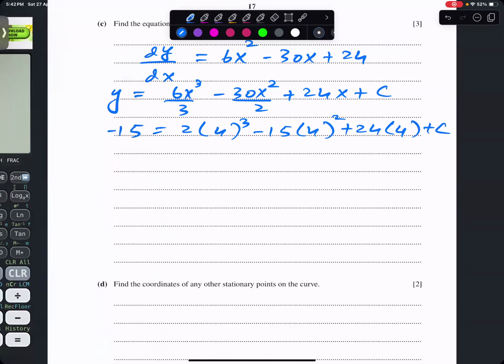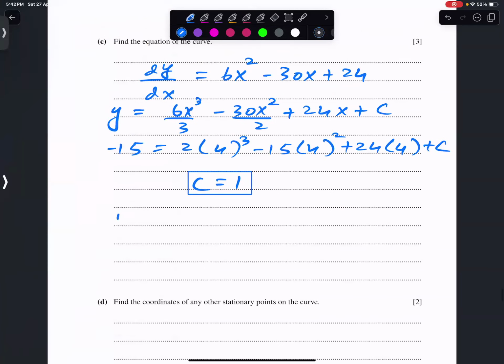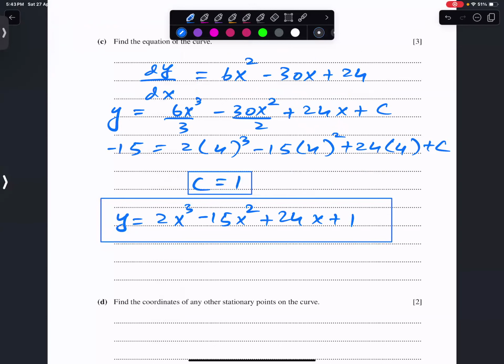So minus 15 minus 2 times 4 cube plus 15 times 16 minus 24 times 4. So students, the value of c is 1. So the equation of the curve will be y is equal to 2x cube minus 15x square plus 24x plus 1. So this is your equation of the curve. Am I clear? Yes, sir.